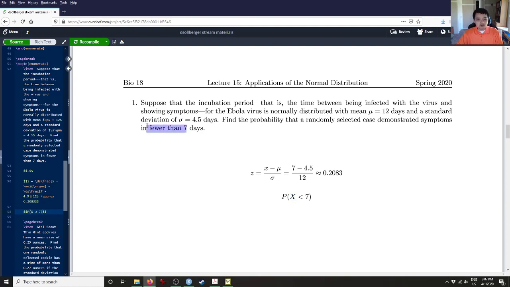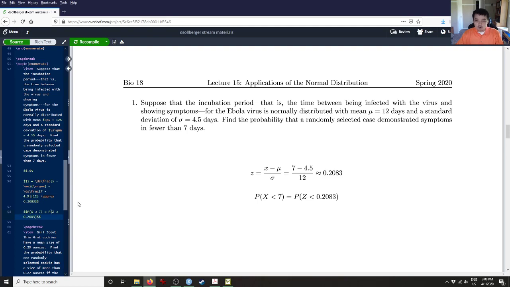Fewer than 7 is written as usual as this inequality here, less than 7. And due to that mumbo jumbo I said at the beginning about transforming bell curves, we would get this number here.